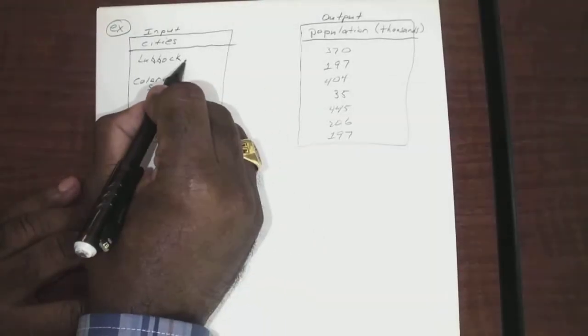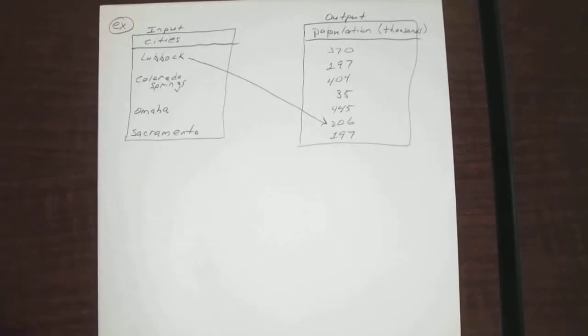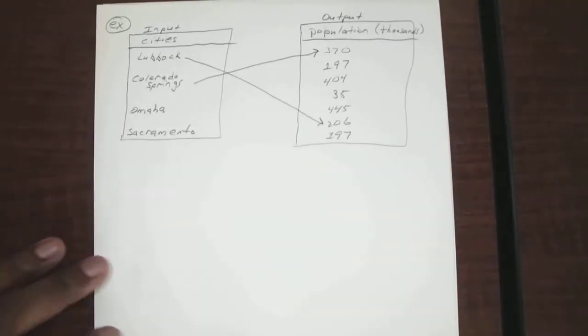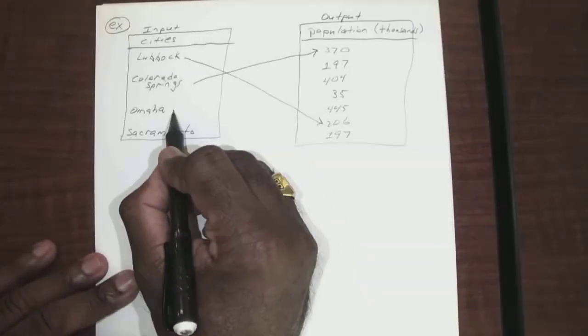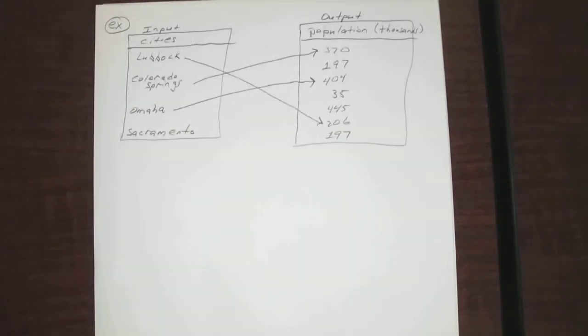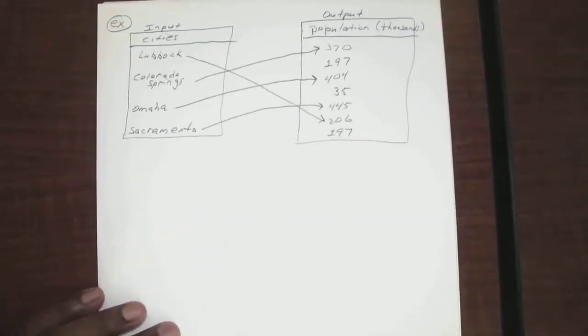Okay, so let's say Lubbock, we know that is 206,000. Colorado Springs, we know that's 370,000. Say Omaha's 404,000, and Sacramento's 445,000.